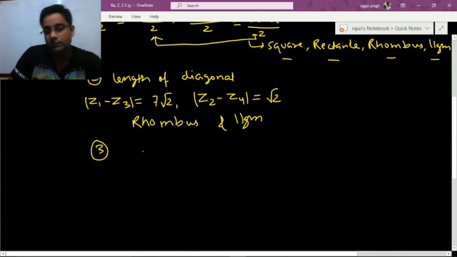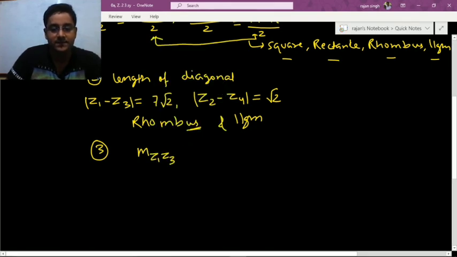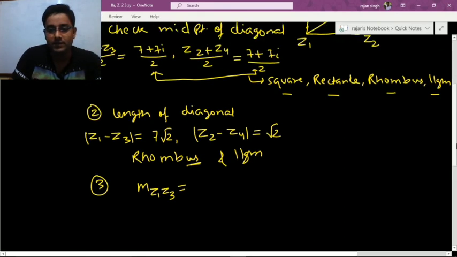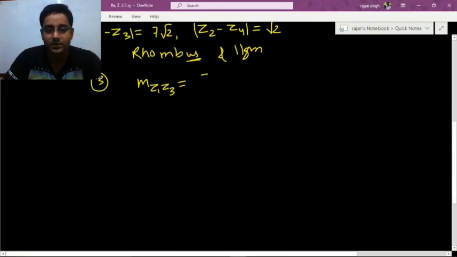We know that the angle between the diagonals of a rhombus is 90 degrees. The diagonals of a rhombus are perpendicular, so you find the slope. The slope of the first diagonal, z1 z3, using (y2 - y1)/(x2 - x1), comes out 7 upon 7, which is 1.